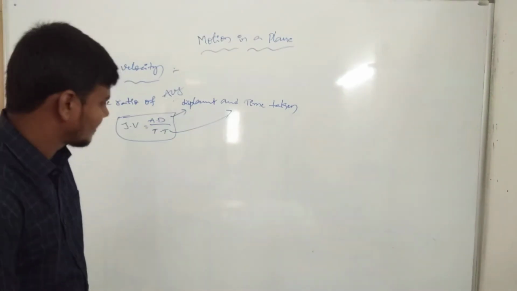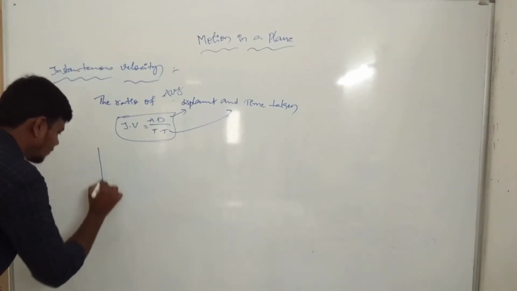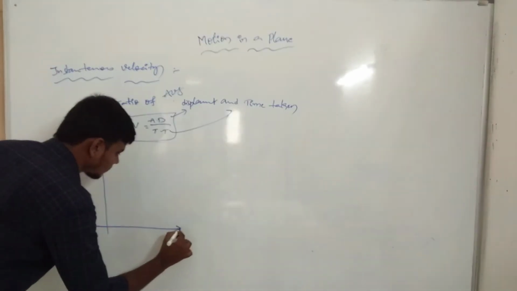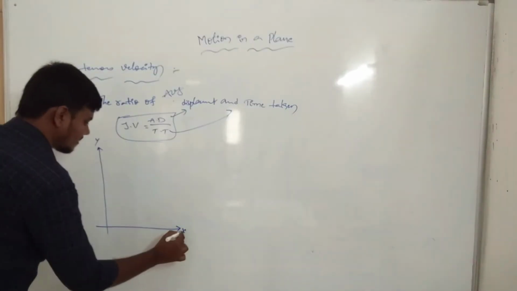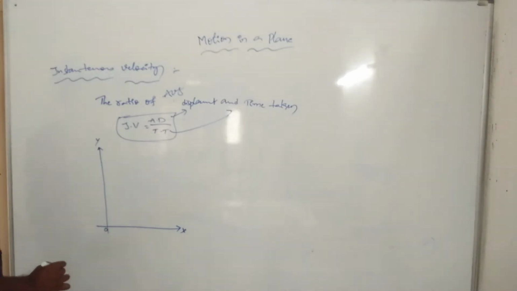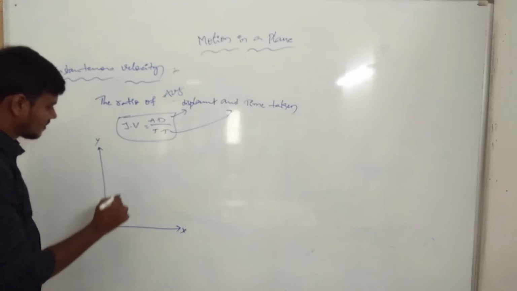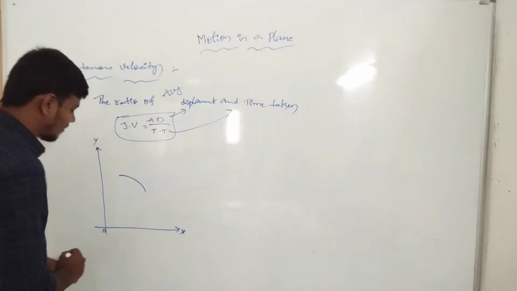Now graphically, there are three types of positions we can apply. First one: this one is the x-axis, this one is the y-axis, horizontal.